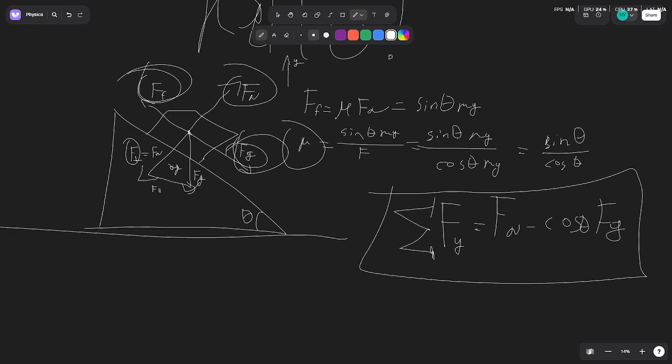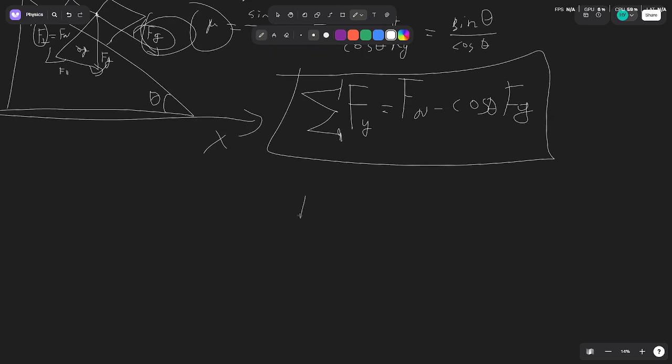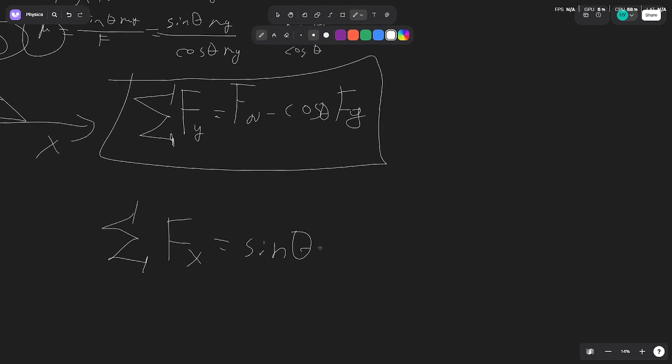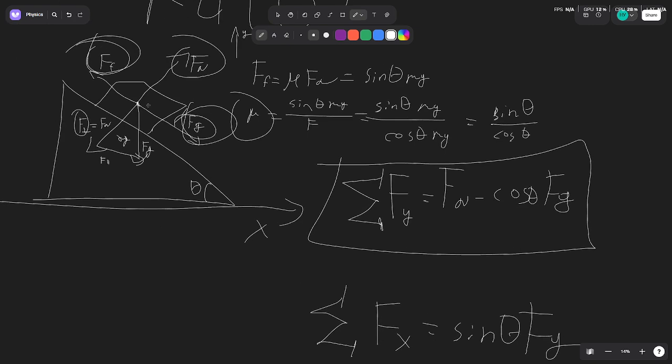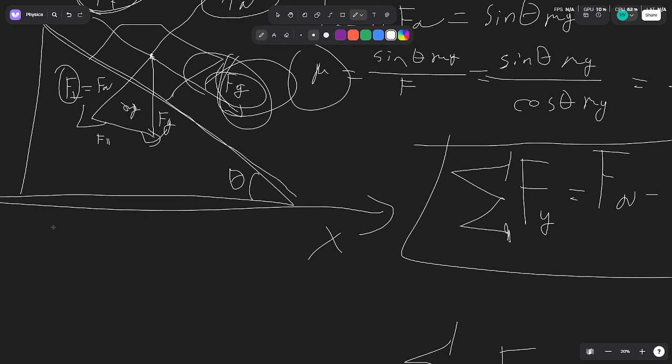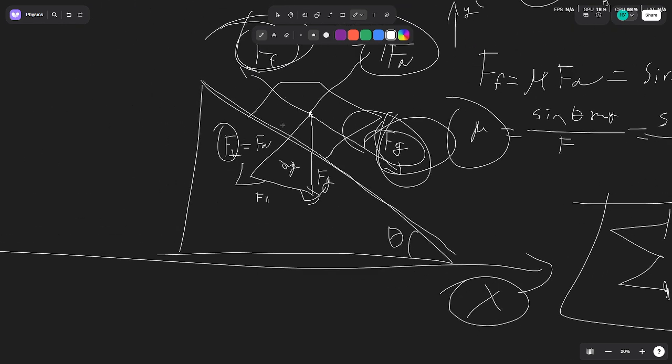What about the sum of the x forces on this axis? Sigma Fx equals sin of the angle times Fg. Why? Because this Fg is also applied on the x-axis. It's not only going straight downward, right? It helps the object go down the ramp, but its coordinate on the x-axis also changes. So it was here, right? It goes down.